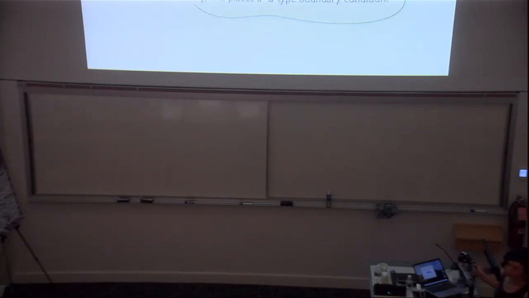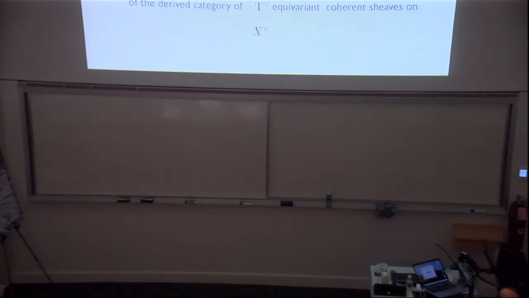So to get the vertex function, you do something slightly unusual. In the interior of D, you have an A-type twist, while at the boundary at infinity, you place a B-type boundary condition. So this B-type boundary condition is an object of the equivariant derived category of coherent sheaves on x check.